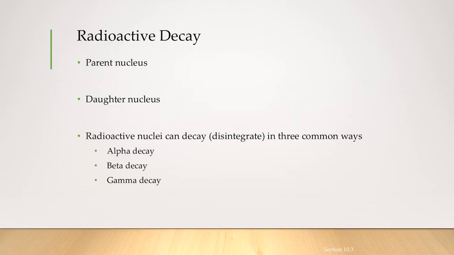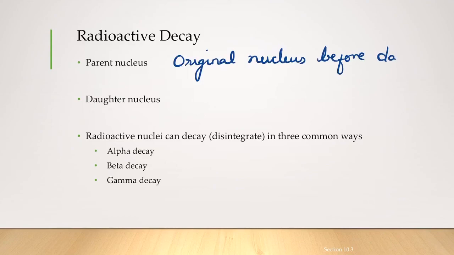Some more terms: the parent nucleus is the original nucleus before decay, and the daughter nucleus is the resulting nucleus after decay.